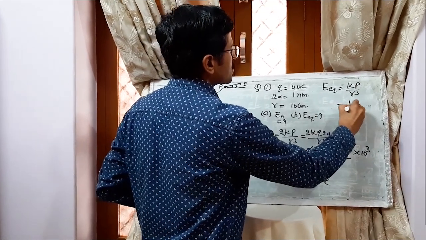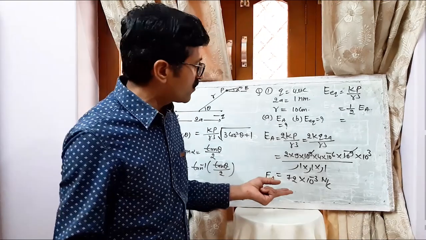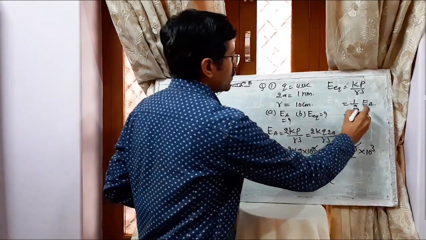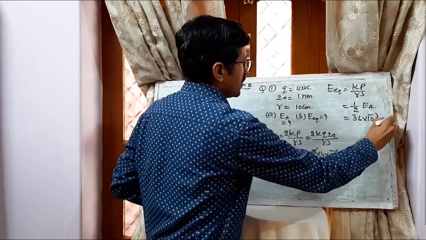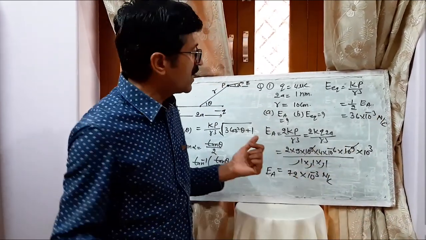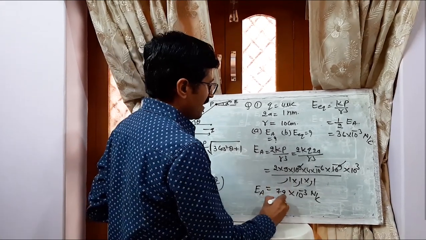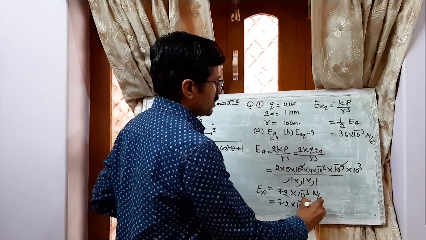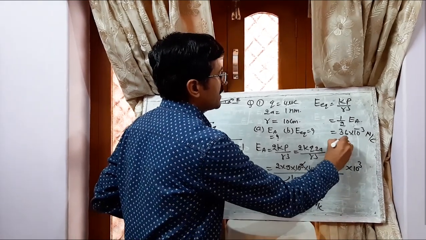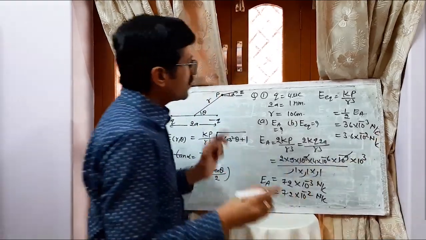It is just half of E axis. So E axis result is in front of you. Just put its value. You will have 36 into 10 to the power minus 3 Newton per coulomb or volt per meter. It can be converted into scientific notation like 7.2 into 10 to the power minus 2 Newton per coulomb, or it can be written as 3.6 into 10 to the power minus 2 Newton per coulomb.